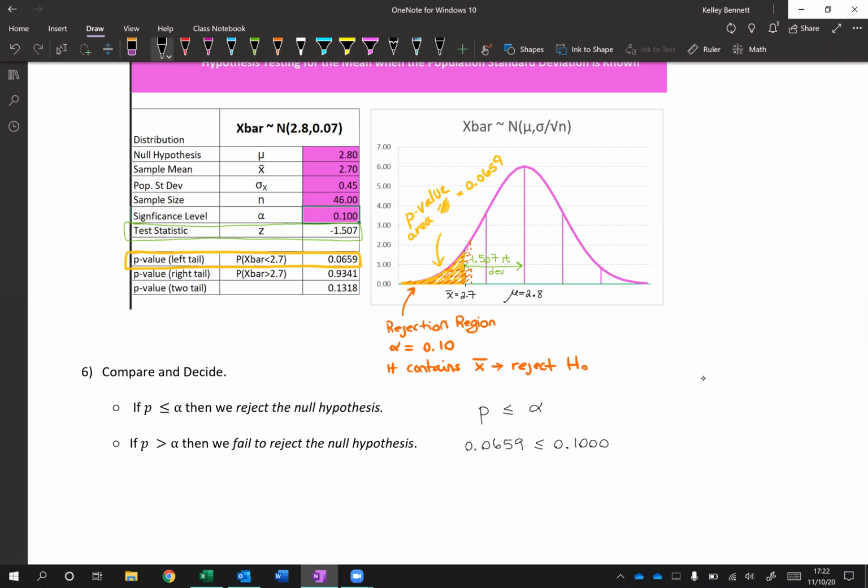So when P is less than or equal to alpha, we're going to reject. And forgive me if I don't write all the details here, but I'm really tired of writing it out. So we're just going to reject the claim that the mean GPA is 2.8.